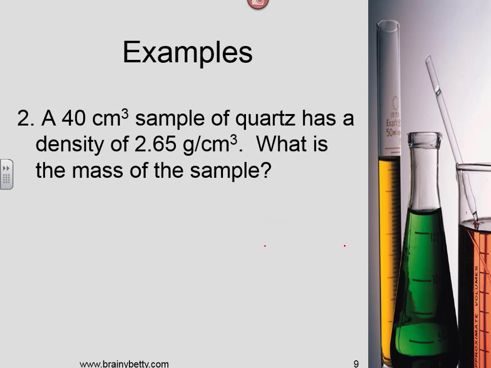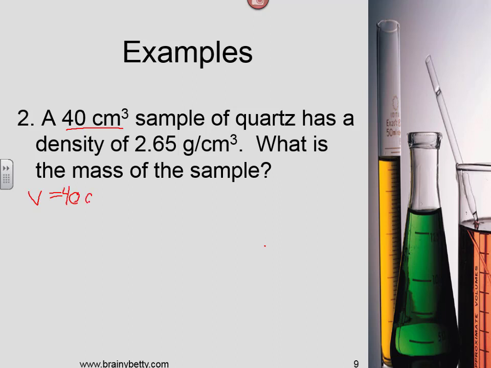A 40 centimeter cubed sample of quartz has a density of 2.65 grams per centimeter cubed. What is the mass of the sample? Let's make our list of what we know and what we're looking for. We know 40 centimeters cubed. What is that? Centimeters cubed is the volume.